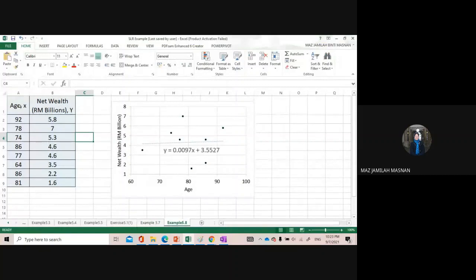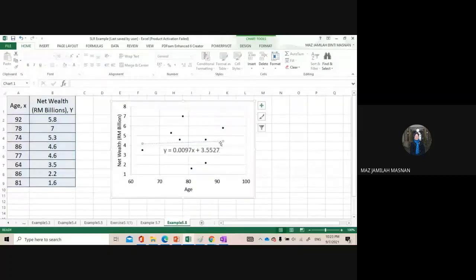If I plot the scatter plot, my regression line is almost flat, like our x-axis. And our equation looks like this: y equals 0.0097x plus 3.5527.